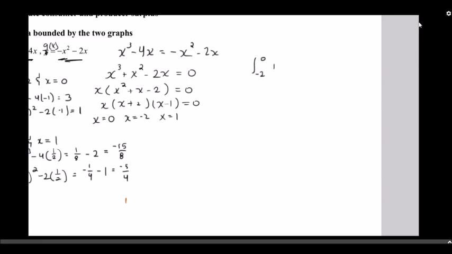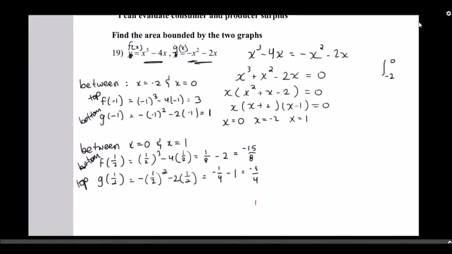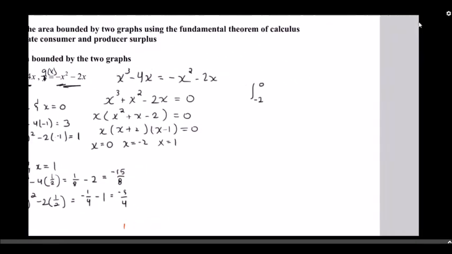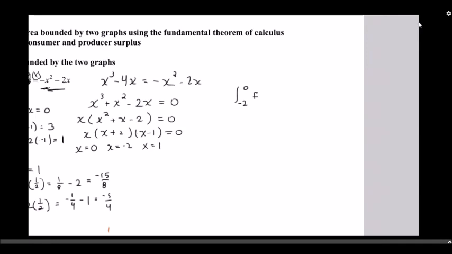So looking back to our value between -2 and 0, it looked like f was our top function, so I need f of x minus g of x dx. But between 0 and 1, it switched. Now g of x became the top function, so now I need g of x minus f of x. And we're going to add these two. So this is what we need to solve for.